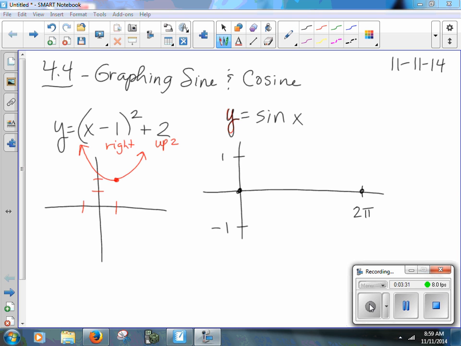And it's going to go up to the maximum value, it will pass back through the x-axis, down through a min of -1, and then back up to 2 pi. It has to be smooth and beautiful. I better not see this right here. That is a mountainous valley. That is not true. Okay? I don't want any sharp points.